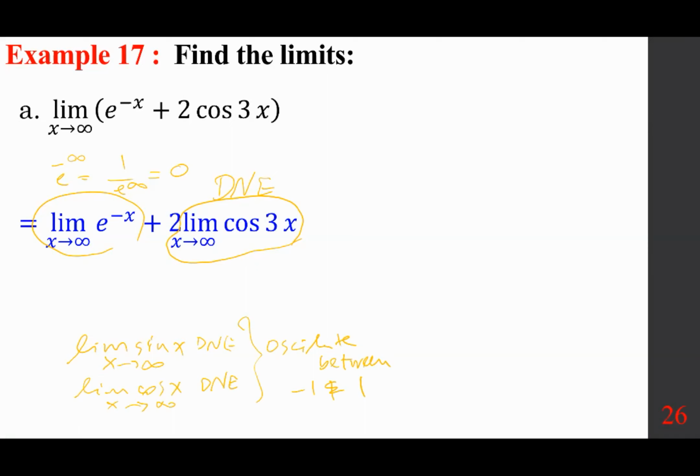As you know, the range for sine and cosine is from -1 to 1, and they oscillate. Therefore, because the limit of the second part doesn't exist, the limit of the whole thing does not exist. This one does have a limit, but this one fails.